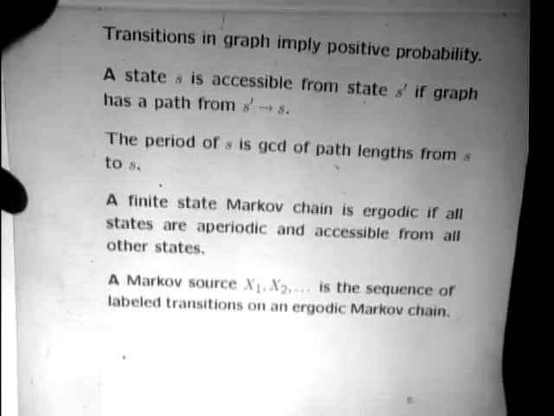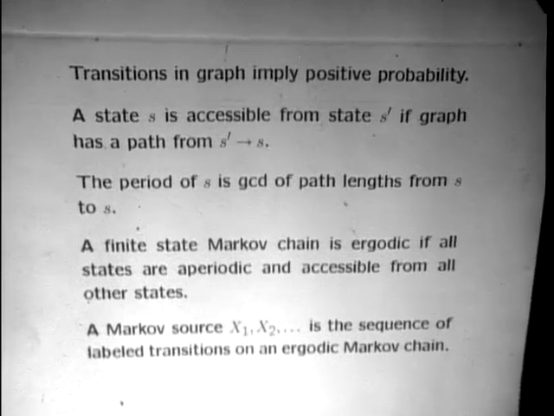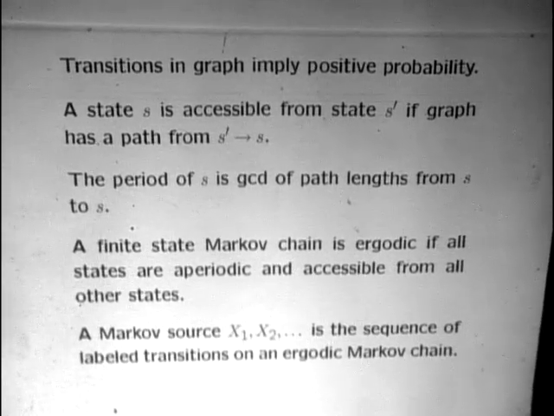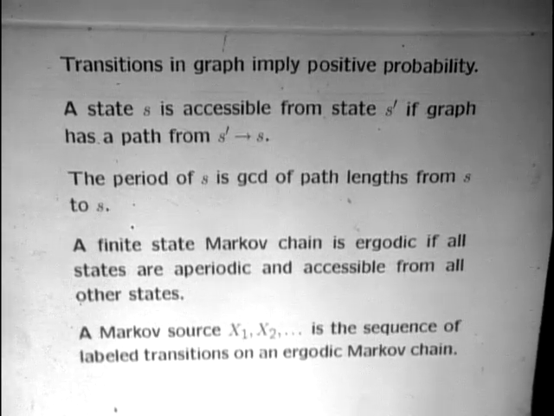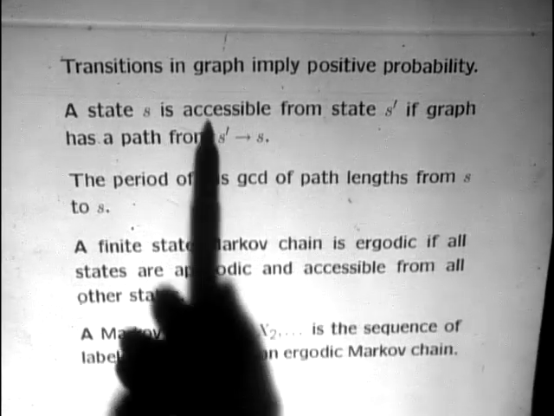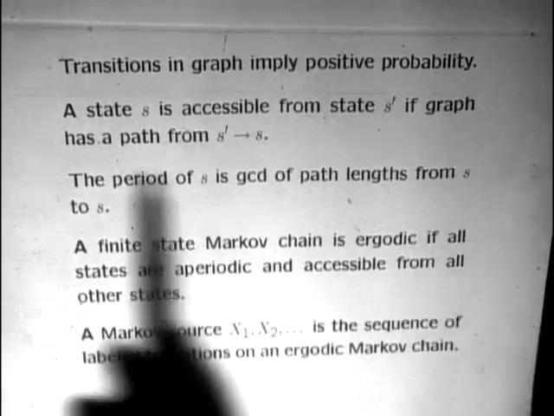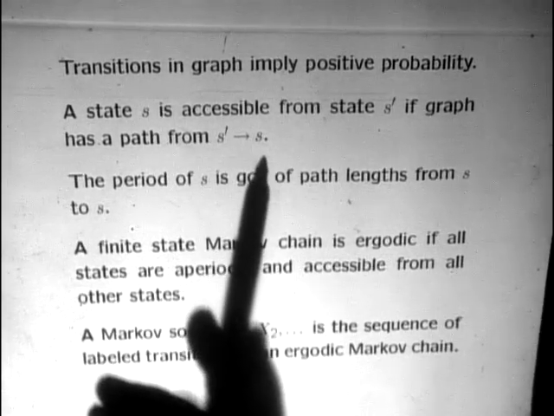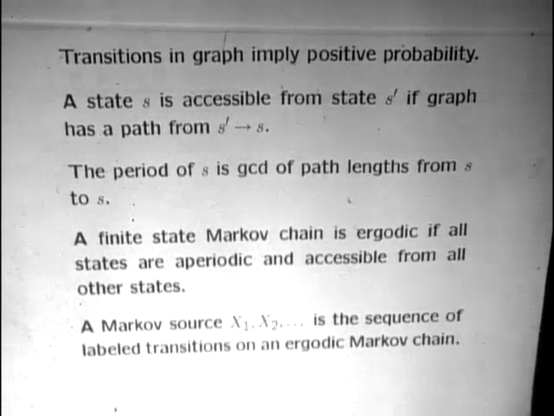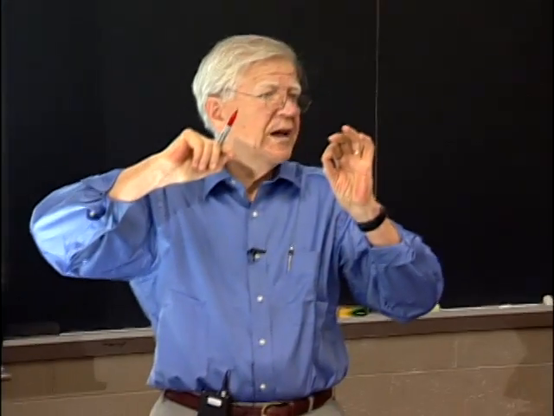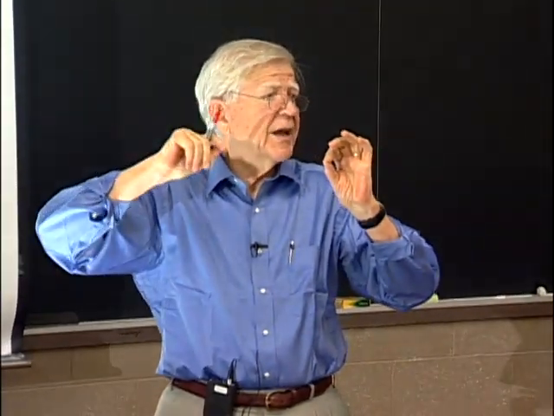And now one of the things that you learn when you study finite state Markov chains is that a state S is accessible from some other state S prime if the graph has some path from S prime to S. In other words, it's not saying you can go there in one step. It's saying that there's some way you can get there if you go long enough, which means there's some probability of getting there.